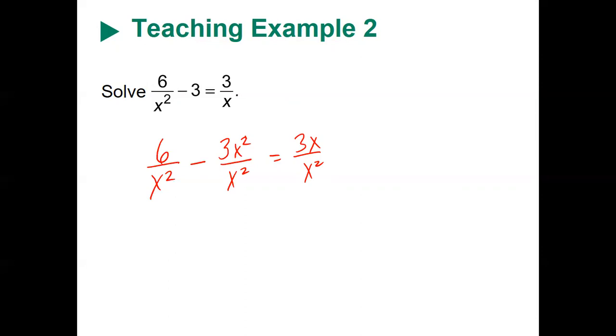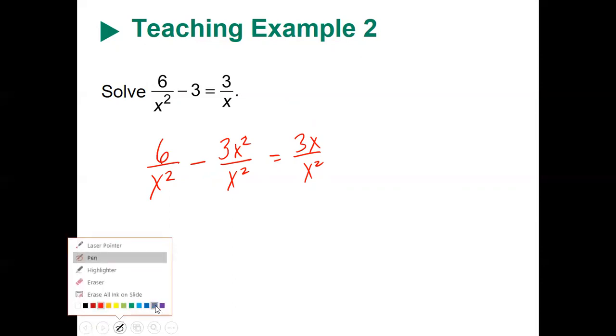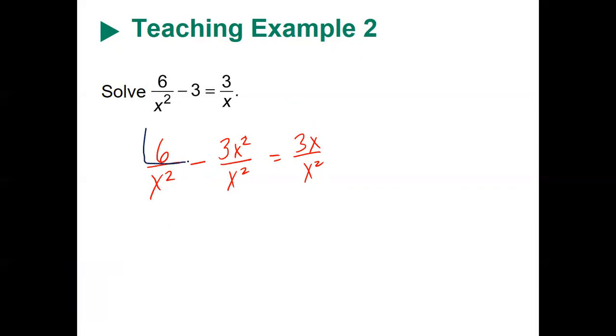So now we've multiplied everything by x squared. And so now our denominator is the same. Once your denominator is the same, all you have to do from here on out is focus on the numerators. Okay, so we're going to focus on the numerator.